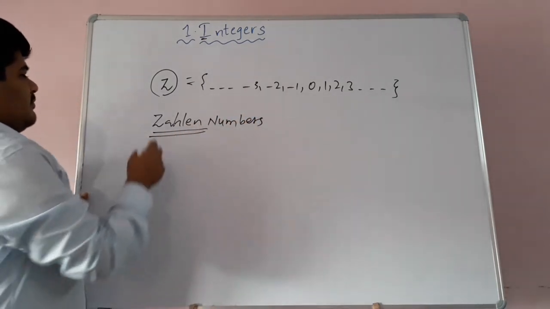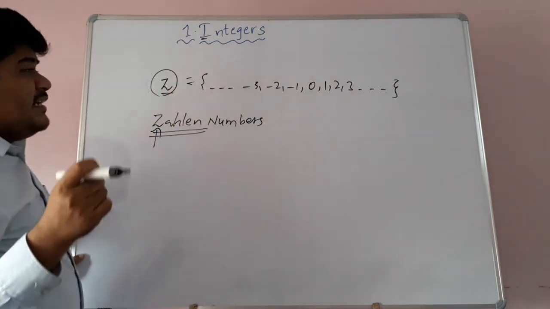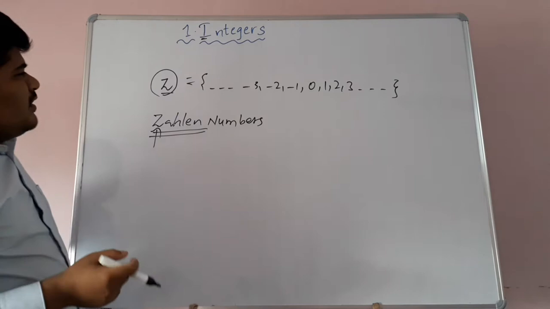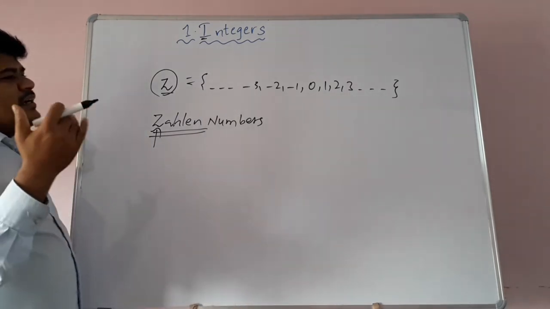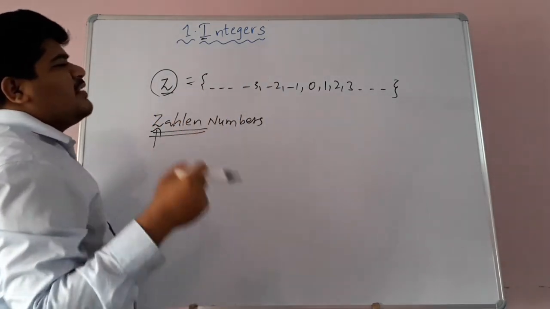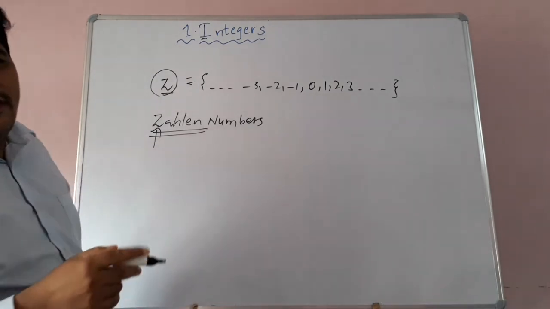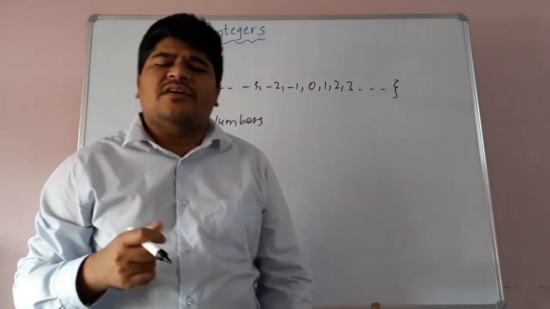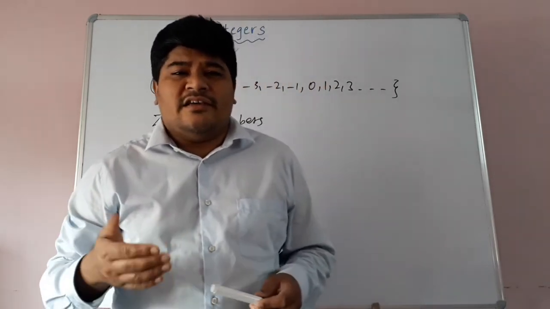So the starting letter is Z, which we use to represent the integer set. We can define it like this: the collection of negative numbers and positive numbers including 0 are said to be integers.